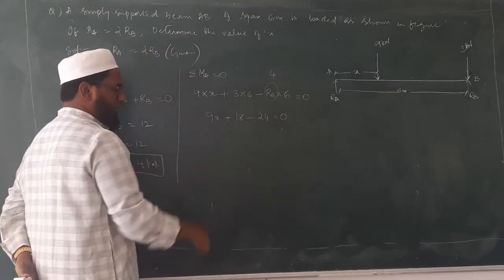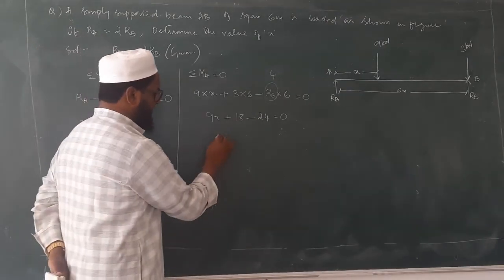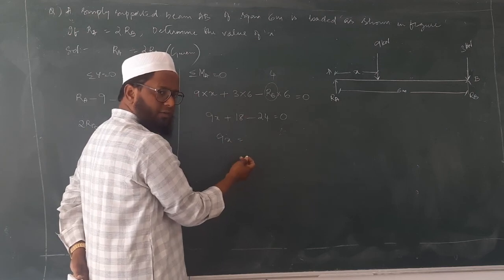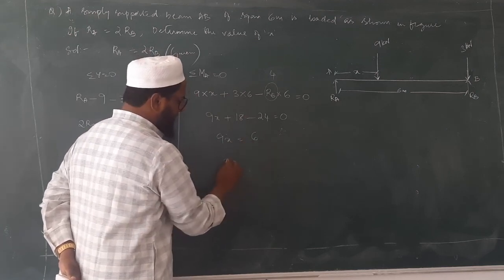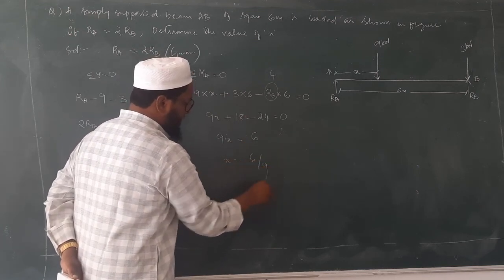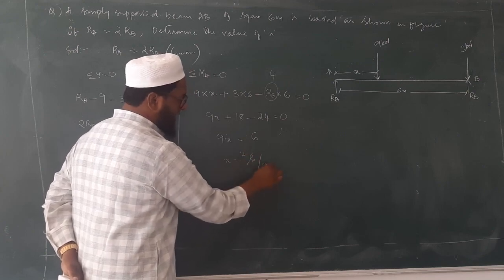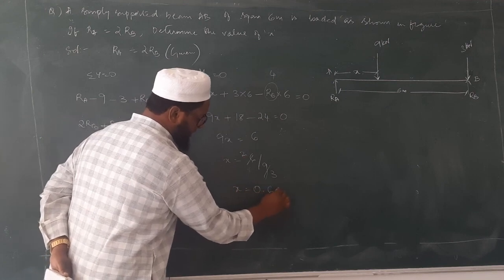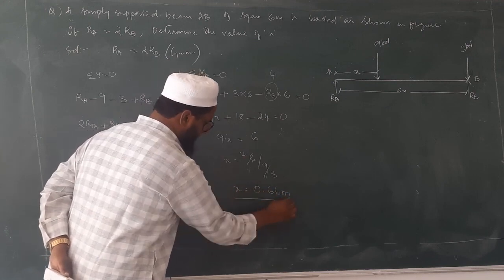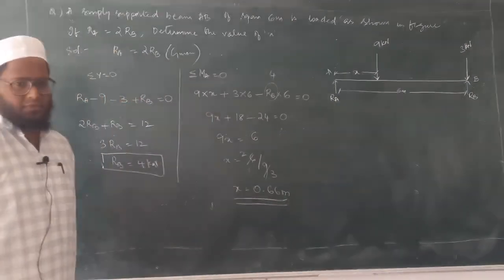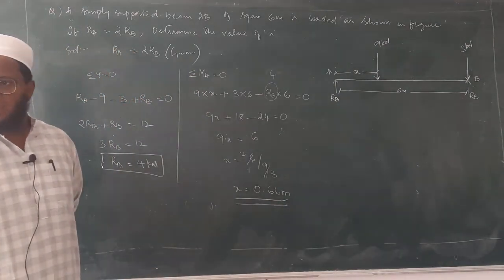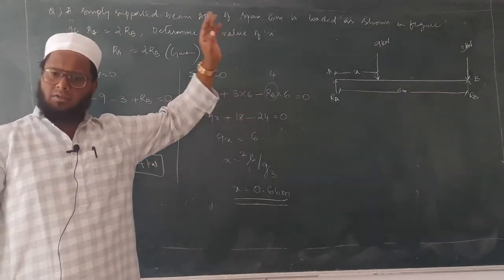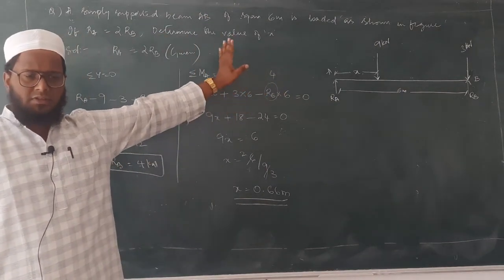So 9x minus 6, send this towards the right hand side, it will become positive. So x is equal to 6 by 9, which is 0.66 meters. Understood?